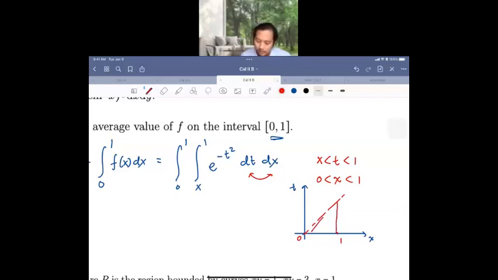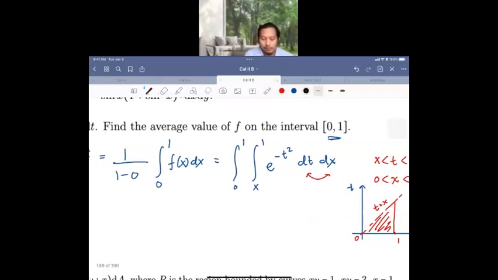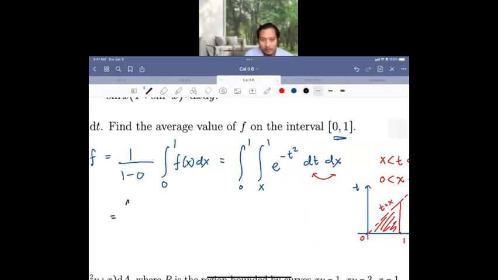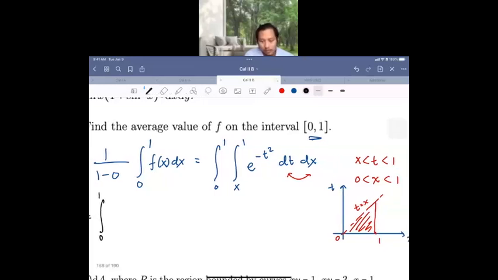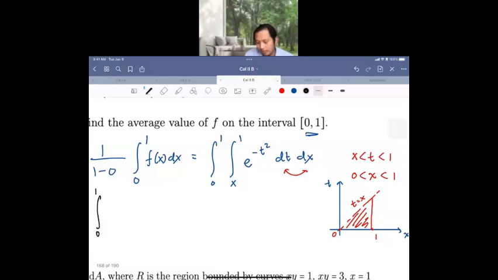So maybe around here this is where t equals x. Now we could reverse the order. Then t goes from 0 to 1, and x goes from 0 to t, right? 0 to t.